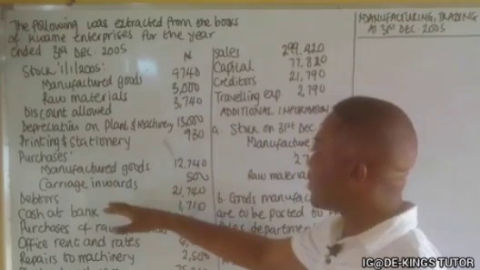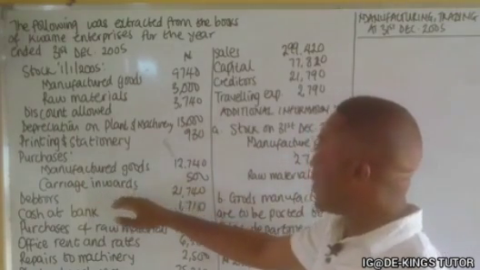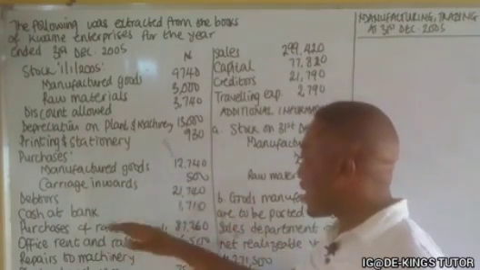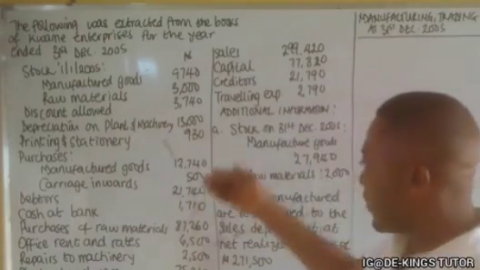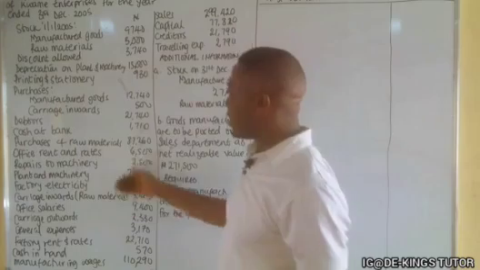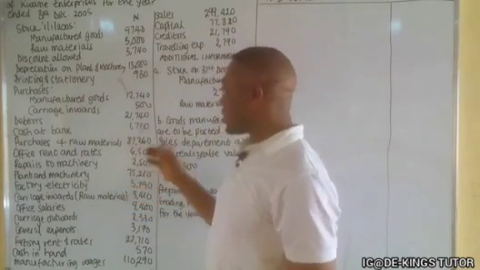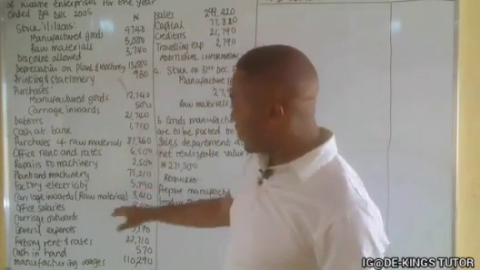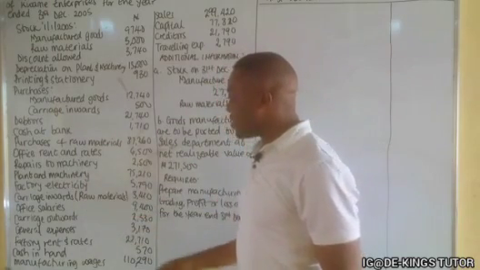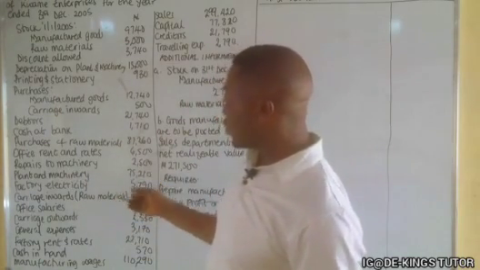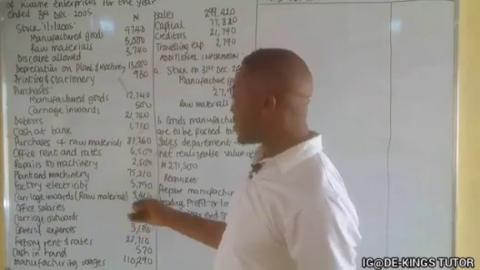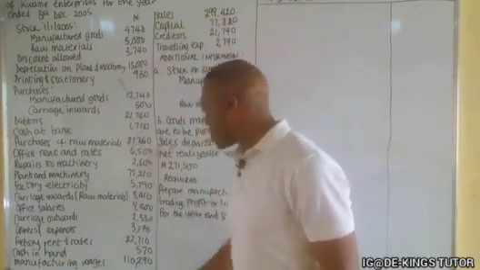We also have purchases, carriage inward, debtors, cash at bank, purchase of raw materials, office rent and rates, repairs to machinery, plant and machinery, factory electricity, office salaries, carriage outward, general expenses, factory rent and rates, cash in hand, and manufacturing wages.